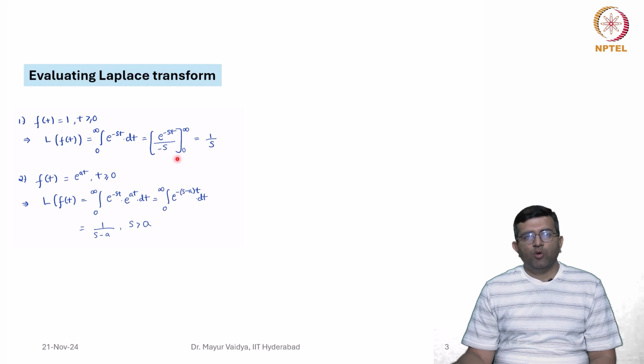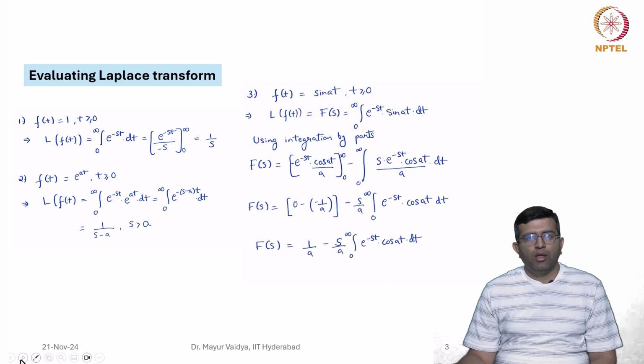So again the integration will be e power minus (s minus a)t by minus (s minus a) from 0 to infinity, and if you put the limits, the answer you will get is 1 by s minus a. So hope this is clear.